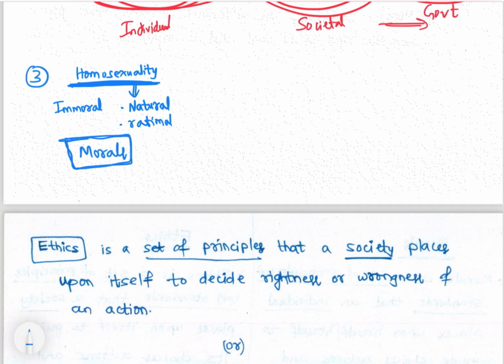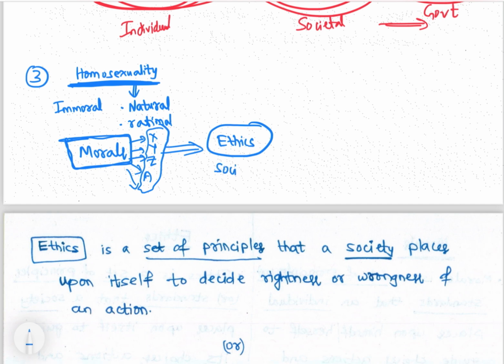Then they started convincing others also. They started convincing X, Y, Z, A, and so on. When these people also started thinking, yes, homosexual people also have rights, it is natural, it is practiced in animals also, through various studies, once they started proving it, then it became ethics. It became the ethics of the society. So society also became convinced that they have rights.